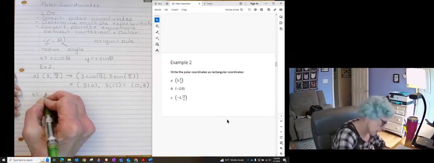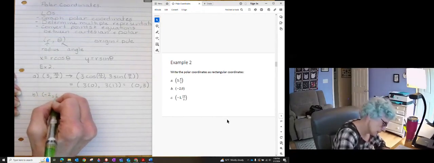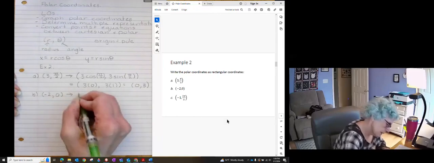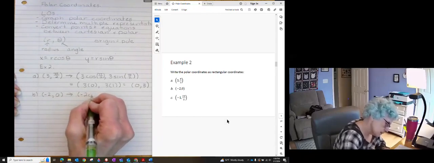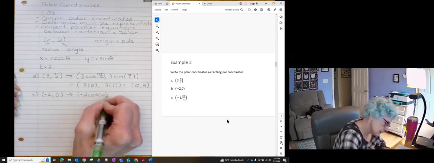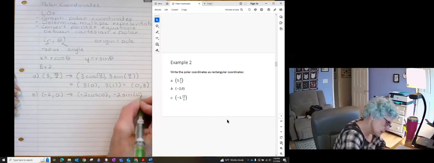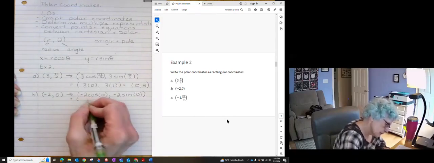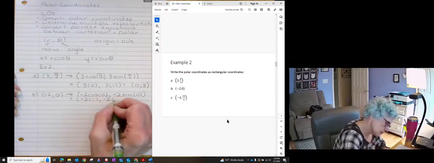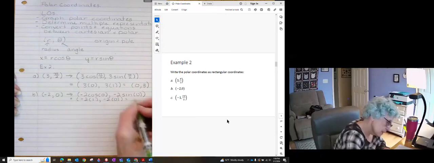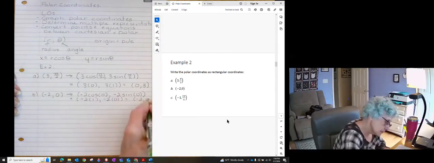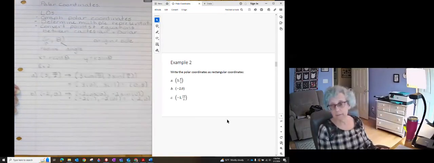Next one we have -2 and 0. So that's -2 times the cosine of 0 and -2 times the sine of 0, which is -2 times 1, -2 times 0, which is just -2, 0.